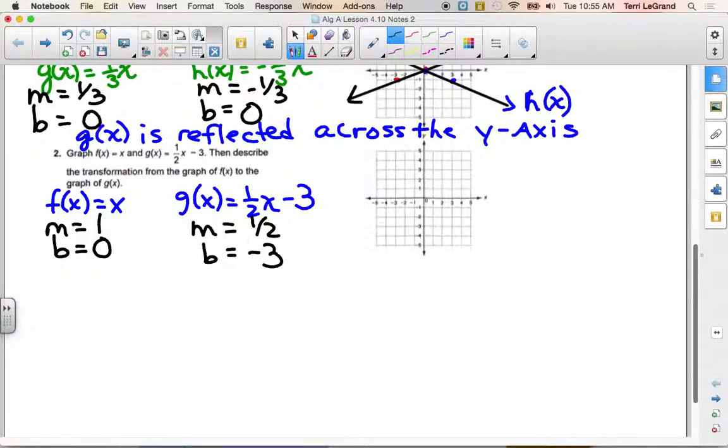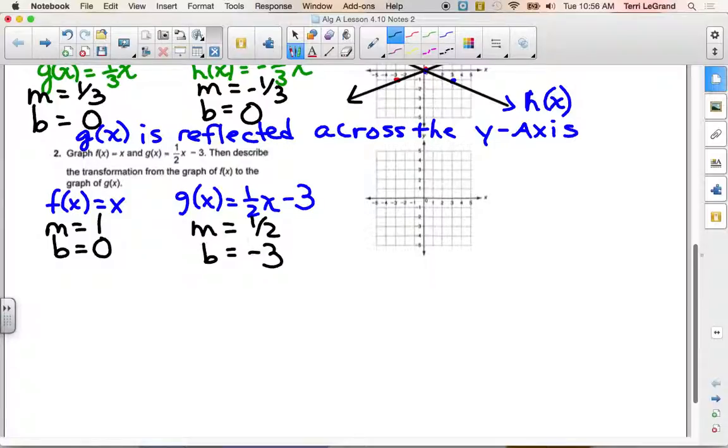Let's just predict, and then we'll see how the graph supports it. Let's predict what we think should happen. Anybody want to predict what they think is going to happen here? From f of x to g of x, what's going to happen? Well, I think, wouldn't g of x be steeper than f of x? Is g of x going to be steeper? Remember, what was our rule for it getting steeper?